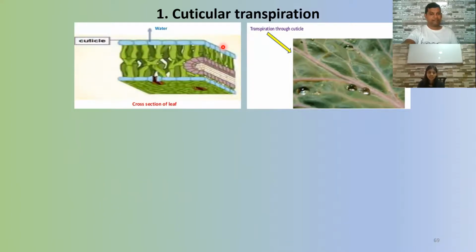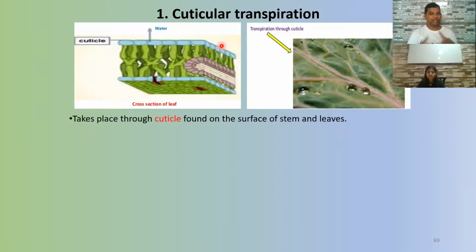On the surface of the epidermis there is a non-cellular covering layer which is called the cuticle. Imagine the cuticle in a lotus leaf, it is thick and leathery, so if you pour water it won't get wet. Waxy cuticle. So transpiration can take place from the cuticle also, and you will find the cuticle on the surface of stem and leaves both.